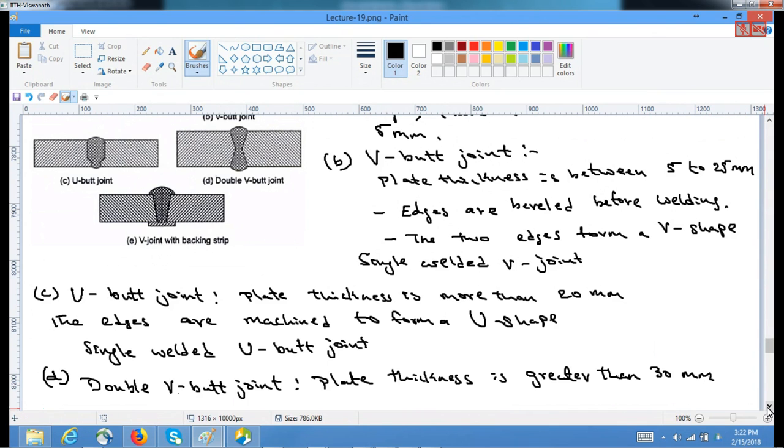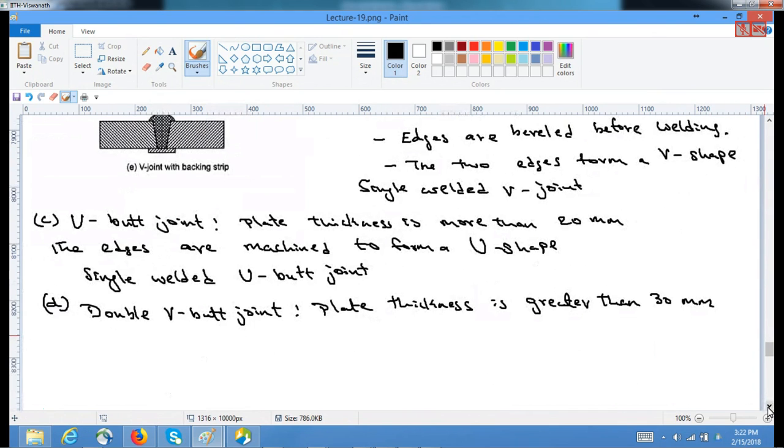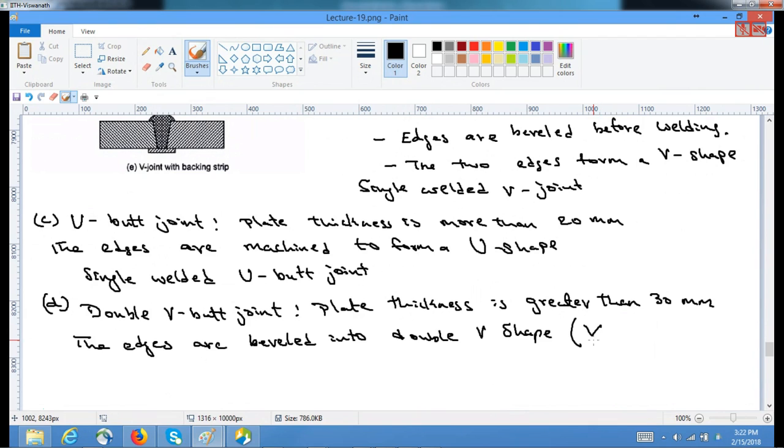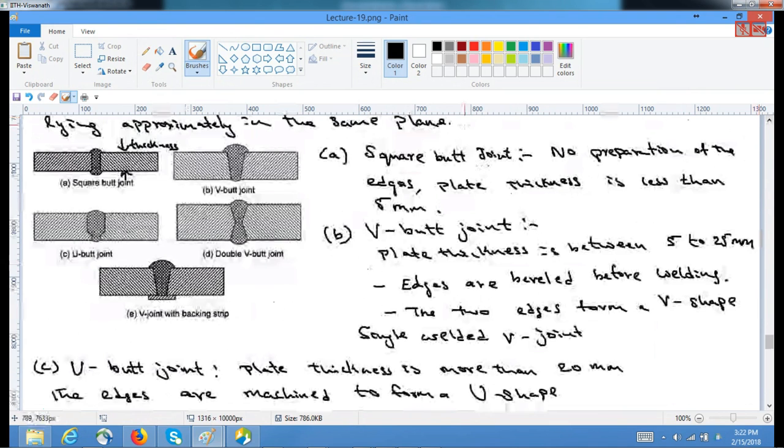In this, both edges are again prepared, and they are beveled into a double V. That is, top one V like this, bottom one V like this. If you look at here, you can see this is V. From the bottom side it is into this thing.